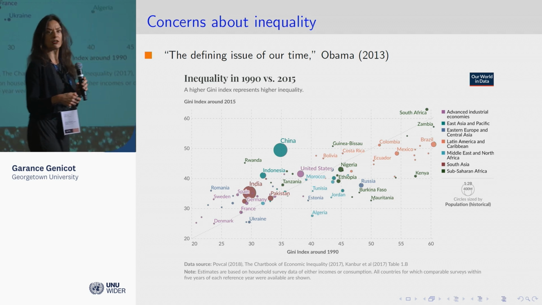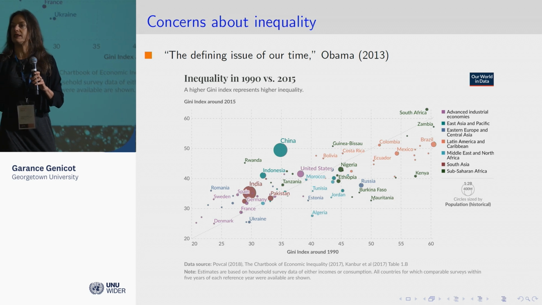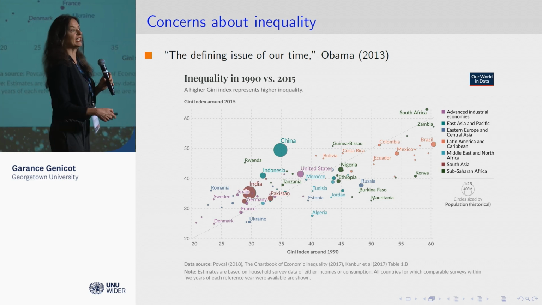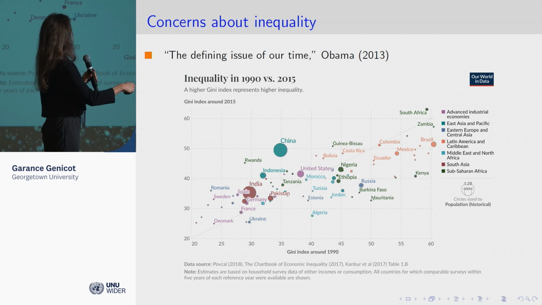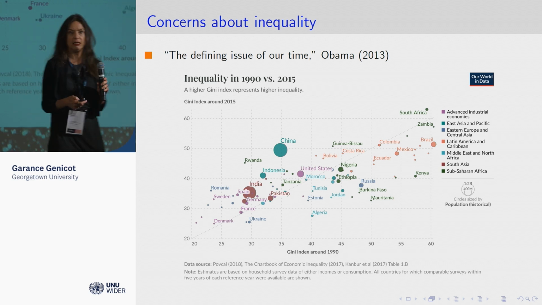What you see is actually maybe a bit more nuanced picture than inequality always rising. About half of the countries have seen an increase in inequality, above the dotted line, and about half of the countries have seen a decrease in inequality.